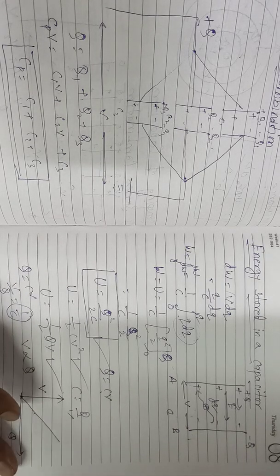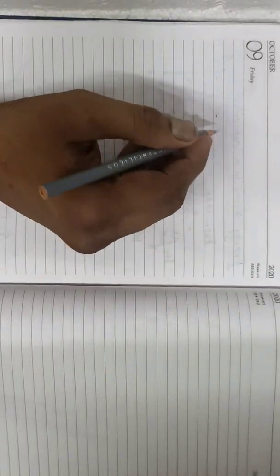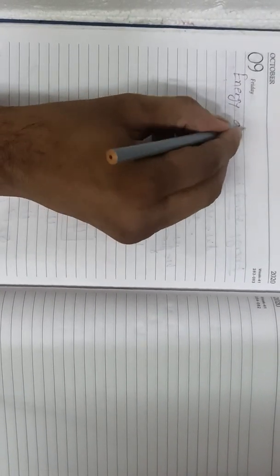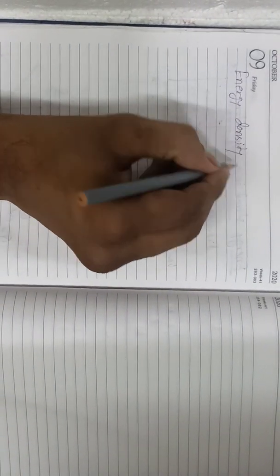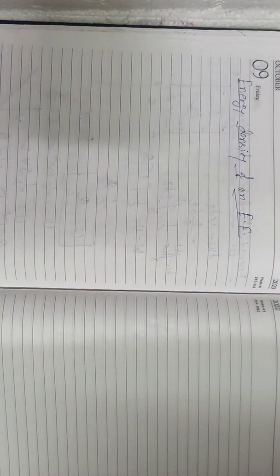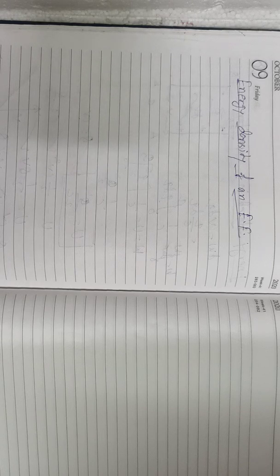The next topic for us is the energy density of an electric field. When a capacitor is charged, the electric field is set up in the region between two plates.